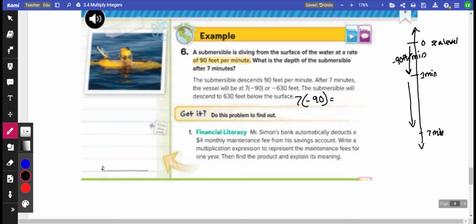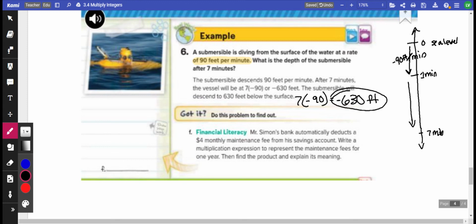So 7 times 90, well, 7 times 9 gives me 63. So 7 times 90 is 630. A positive times a negative gives me an answer that's negative. So negative 630 feet. So the submersible will descend to 630 feet below the surface.